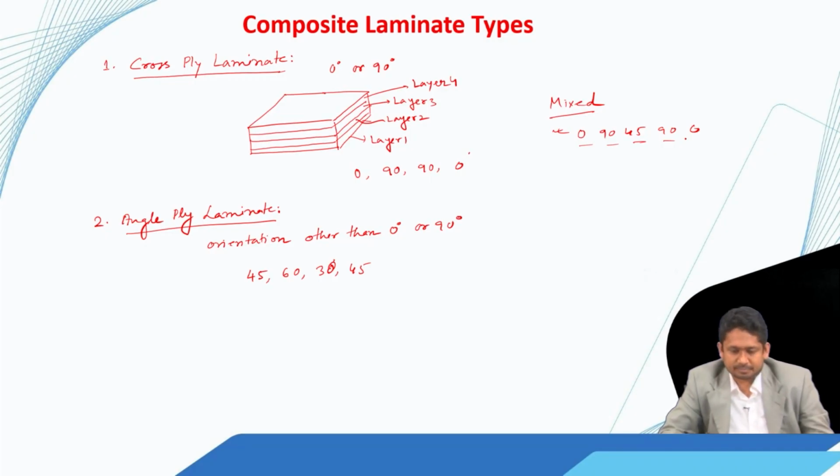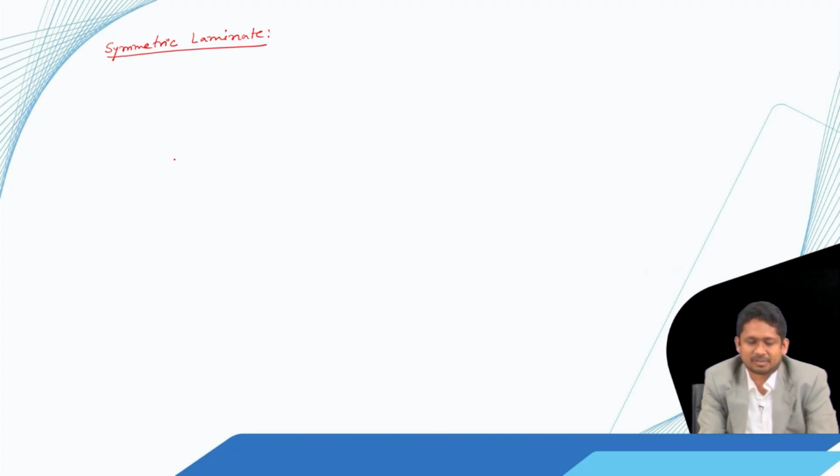Now, there are different types of symmetries or anti-symmetries we can talk about. So, there is something called symmetric laminate. So, in a symmetric laminate, let us again look at an example.